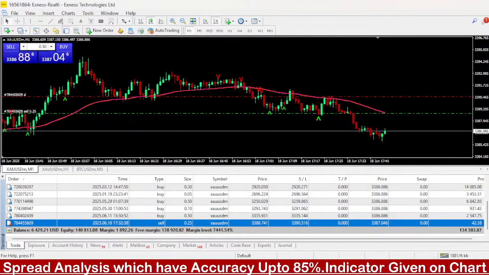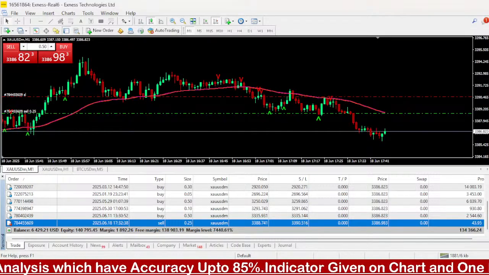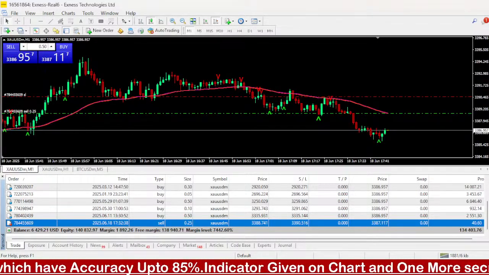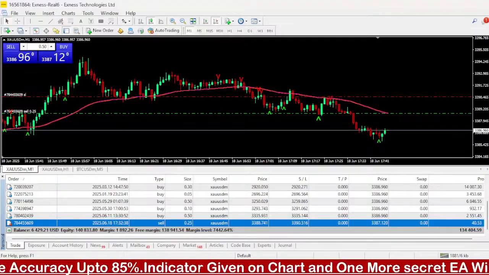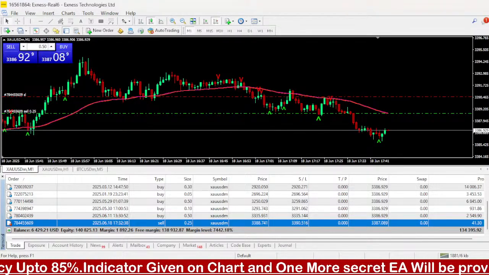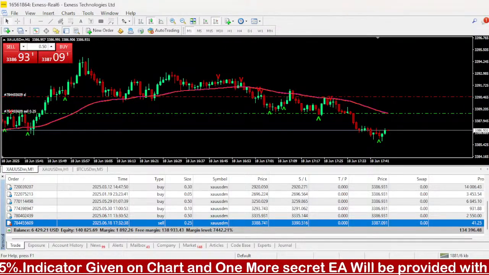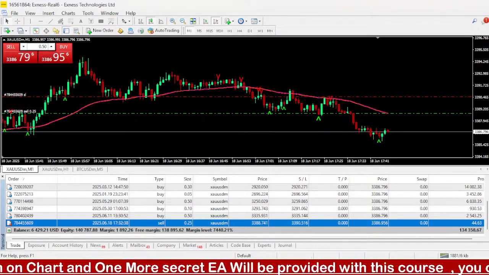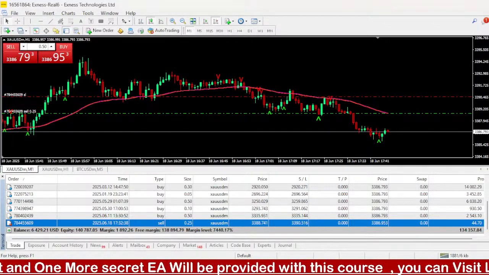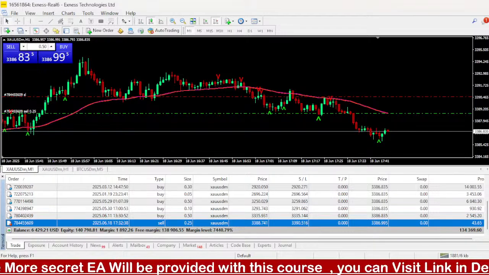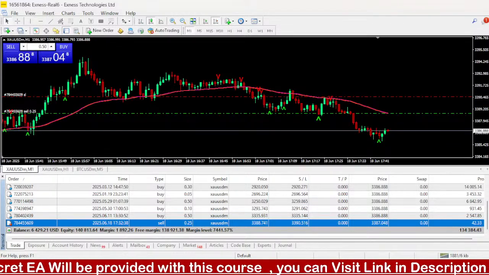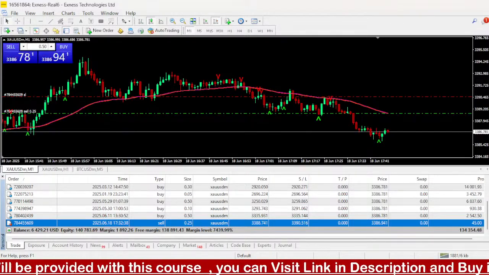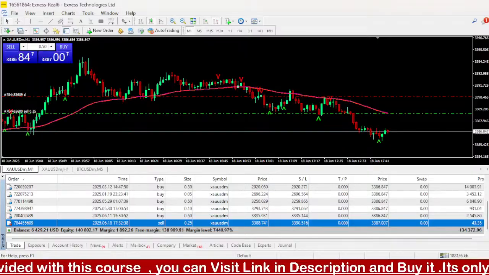Okay, as I already booked profits, I don't need to worry about the SL which I have placed, and maybe in the news this SL will hit, but now I don't worry about it because I already booked some profits.